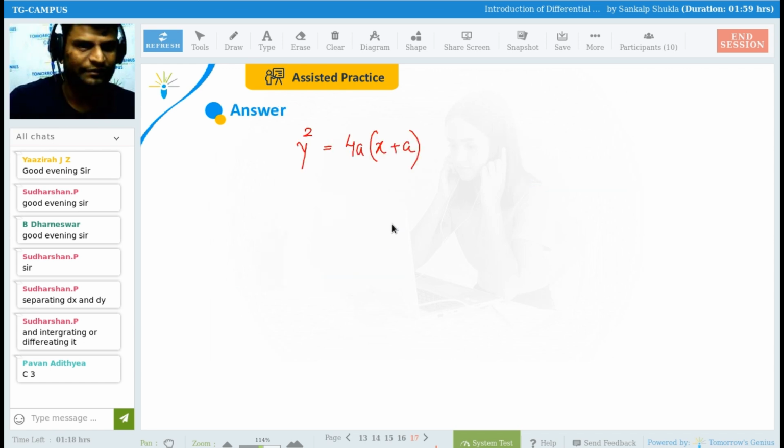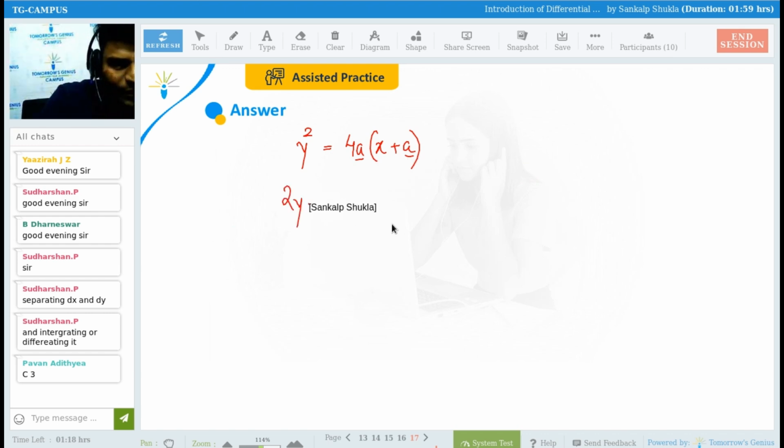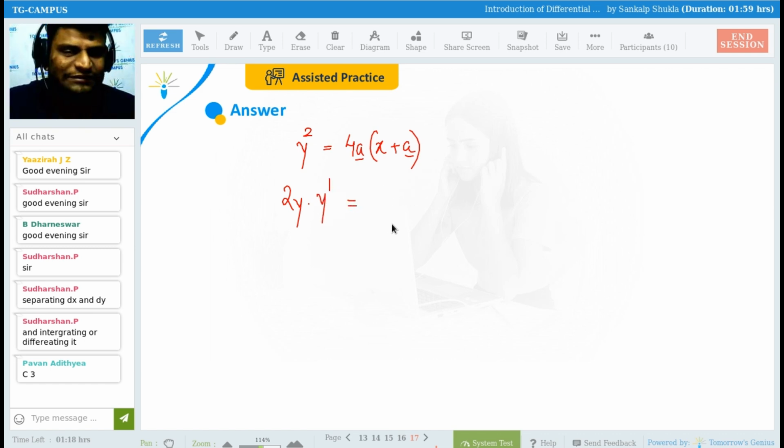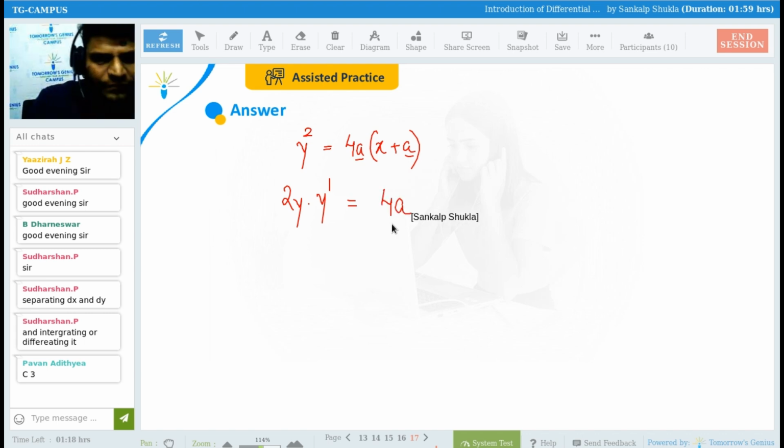So first we have to follow rule number 1. So how many constants are there? Only one, a. So we have to differentiate it one time only. So just differentiate it. So 2y into y dash, right? Derivative of y is dy by dx, I can call it y dash, is equal to 4a.